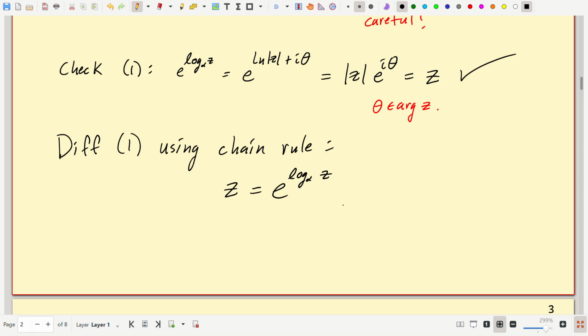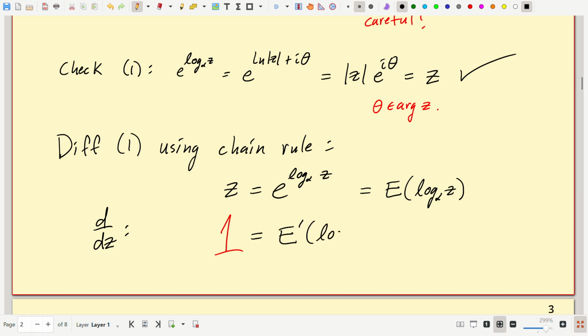So when I take the derivative with respect to z, on the left I'd get a big fat 1 because d by dz of z is 1. And on the right I would get, let me write it like this. I told you I'd never do this again, but I'm going to write e of log alpha of z. So when I differentiate that using the chain rule, that would give me e prime of log alpha of z times d by dz of log alpha of z.